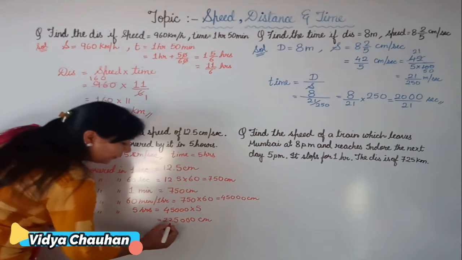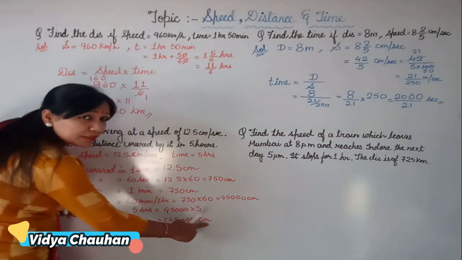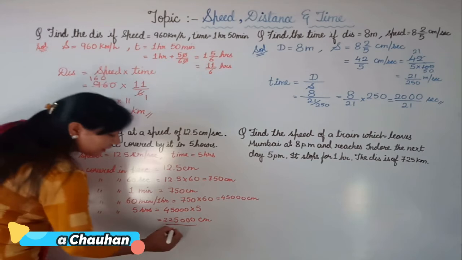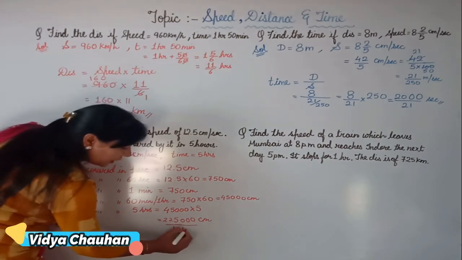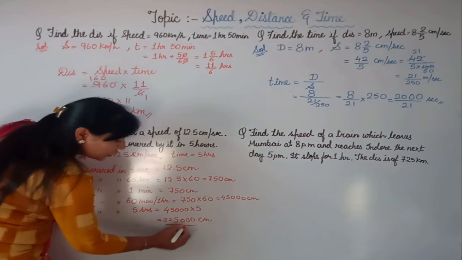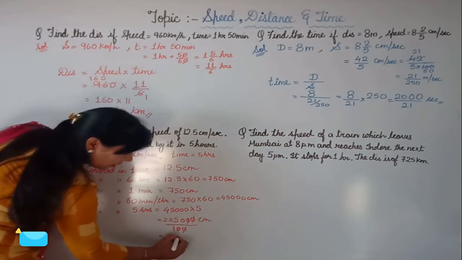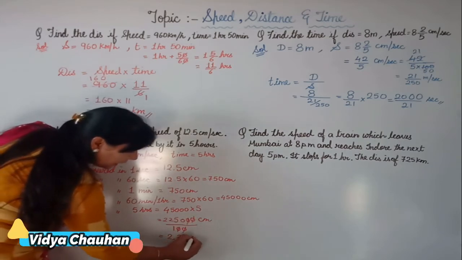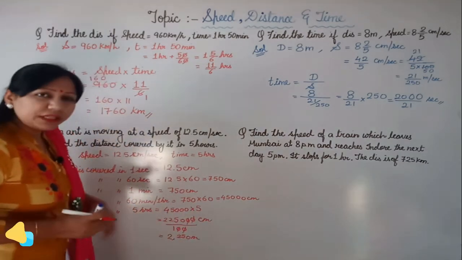But it seems very difficult to read 2,25,000 centimeter. So what will we do? Let's convert this unit from centimeter to meters. For converting it into meters, we will divide it by 100. So 2 of the zeros cancel out. So that means the distance covered by the ant is 2250 meters.